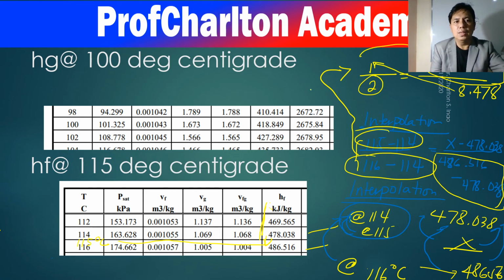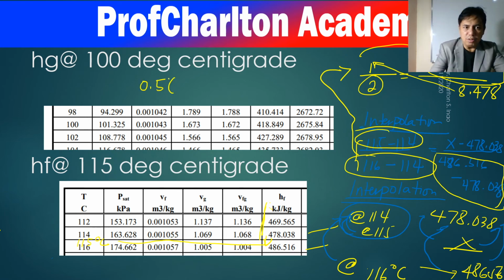Let me put it here. Sorry, but we have to manage the space and we have to retain this data. So 1/2 is 0.5. Then cross multiply by 8.478.